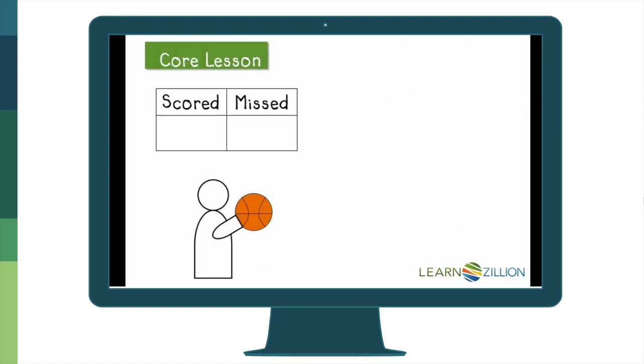Let's take a look back at that problem we were doing with Johnny and him trying to score baskets. The question asked, what's the experimental probability that he will make his next shot? So we want to represent that as the probability of him scoring, and we know we're trying to create a ratio. I know that he tried 25 times because he scored 20 times and missed 5.